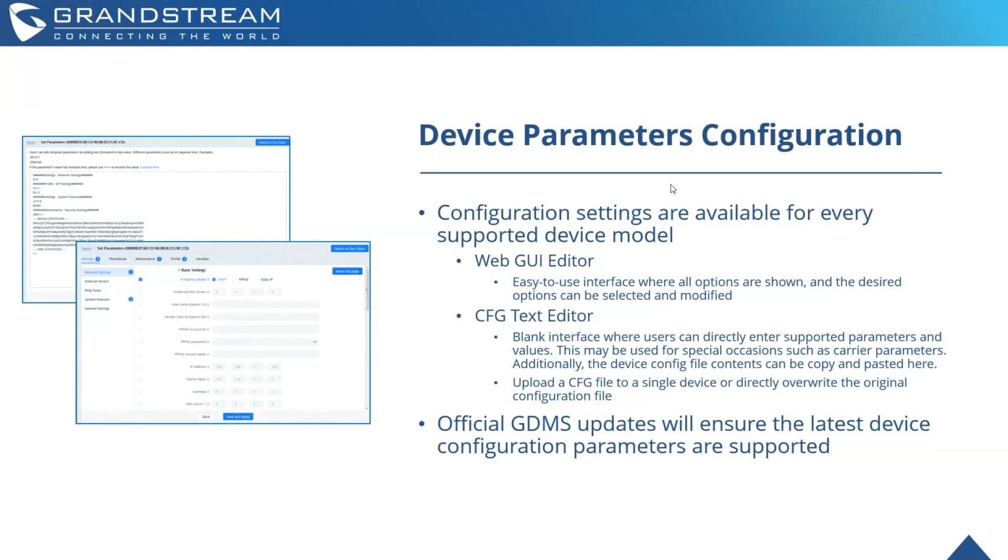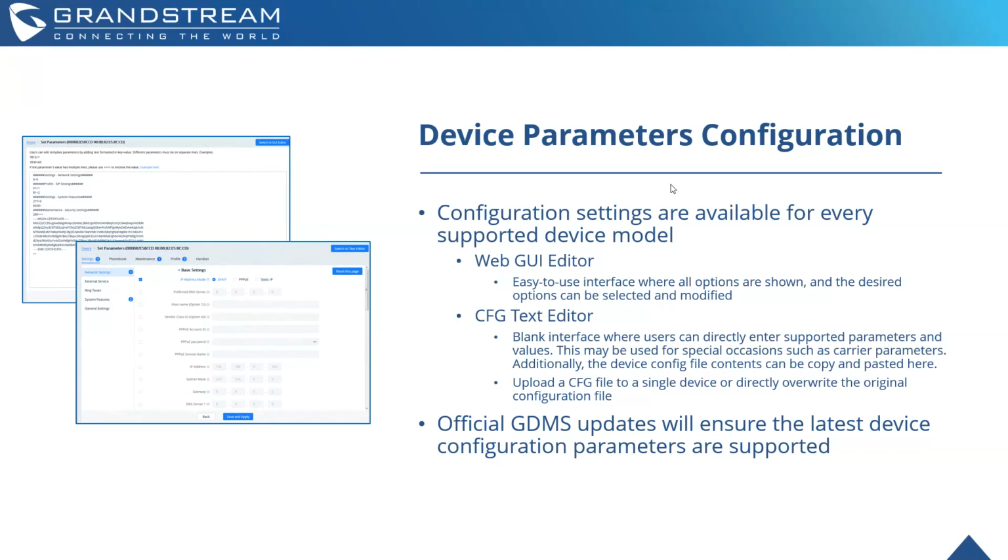When it comes to the CFG text editor, you can push these configuration settings via a CFG text editor. So basically this is a blank interface. If some of you use it, you'd probably be familiar with it, where you can directly enter the supported parameters and values, and this can be used for any kind of special occasions, such as if you're using an additional carrier or third-party applications.